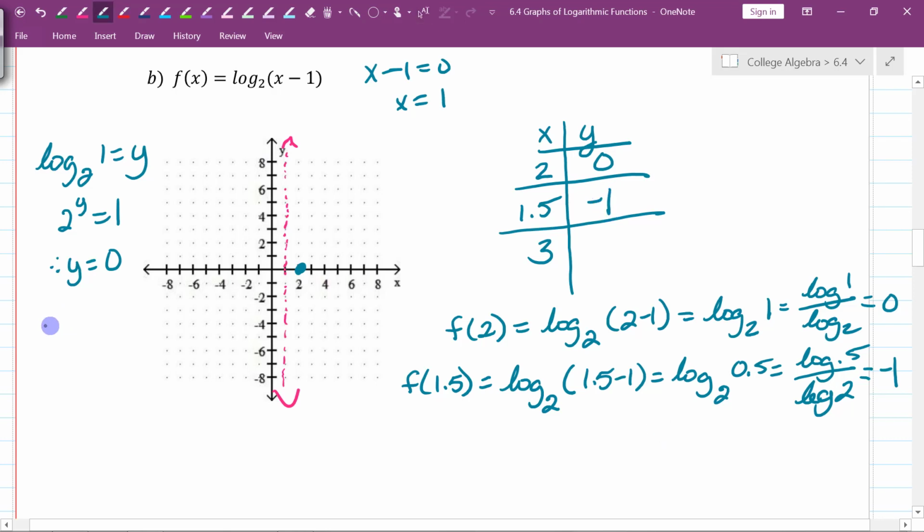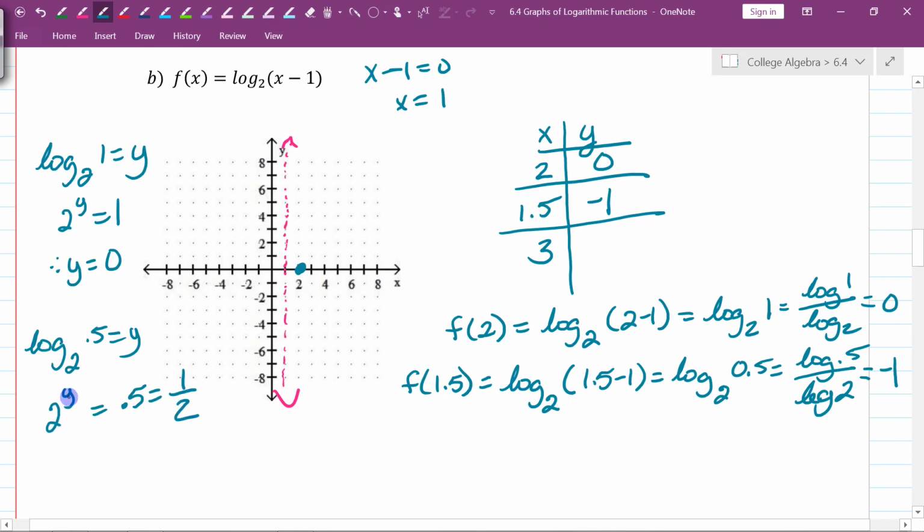We can look over here and we can say, if I have log base 2 of 0.5 equals y, that means that 2 to the y is equal to 0.5. Well, 0.5 is also 1 over 2. Do you agree? So what must y equal to make this whole thing 1 over 2?